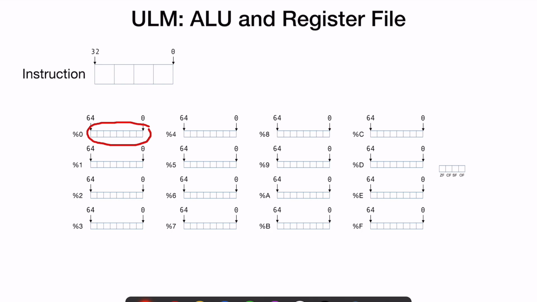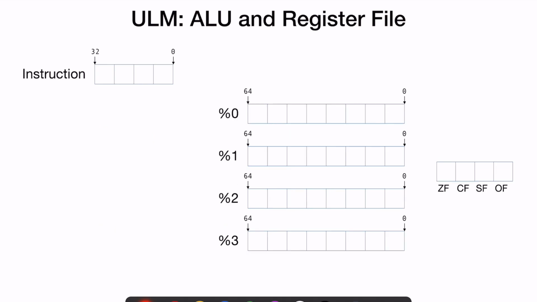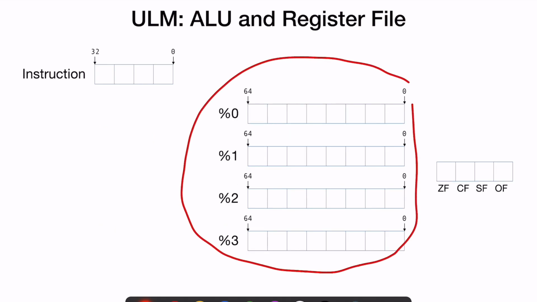So in short, if you see a box, it represents 8 bits, with one exception, the status flags. The status flags are just bits, so there a box is just a bit. So again, these are just 4 of these 16 registers, and each box, except for the boxes here, represents 8 bits. Here every box represents just 1 bit.